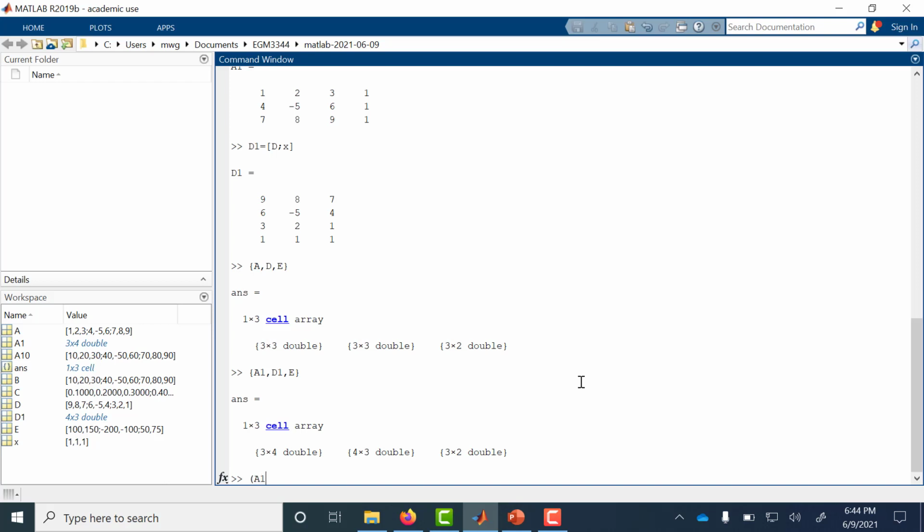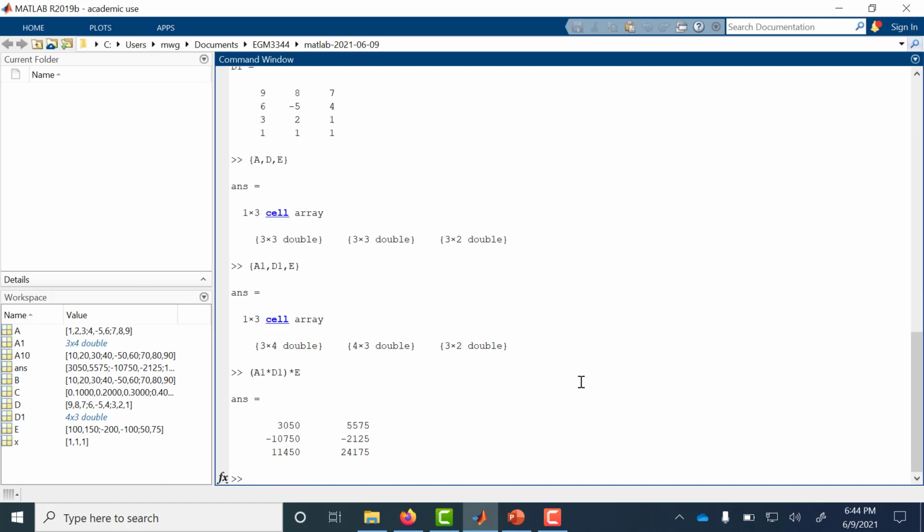So I could do A1 times D1 times E. See what that looks like. Yeah, so it gives me a 3 by 2. And of course, a different answer than what I had before. I don't think that I even need any parens since it's associative. Yeah, so there you go. So very nice. Just wanted to change it up a bit.